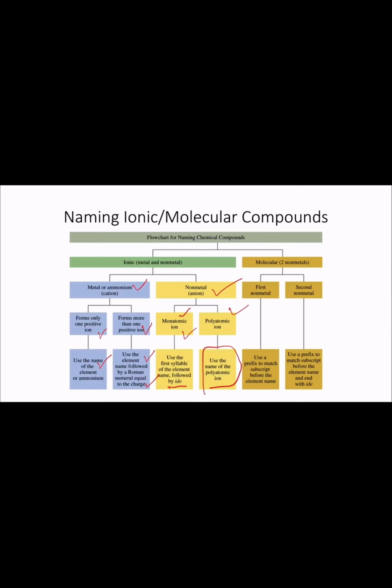Molecular compounds, when there are two nonmetals, that's going to be important to recognize. We first figure out the first nonmetal, then the second nonmetal, use the prefix and match the subscript before we end up with the name. Okay?